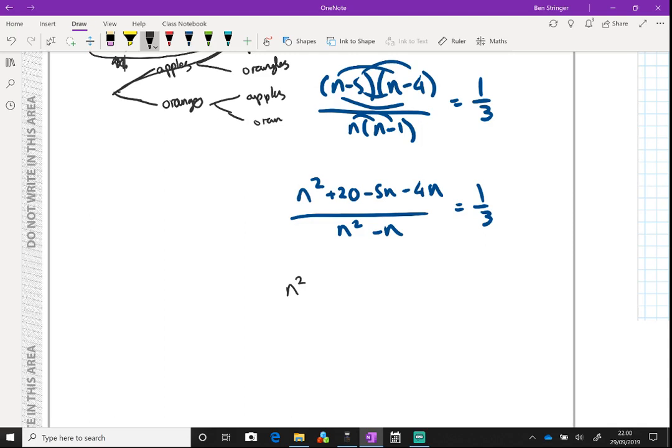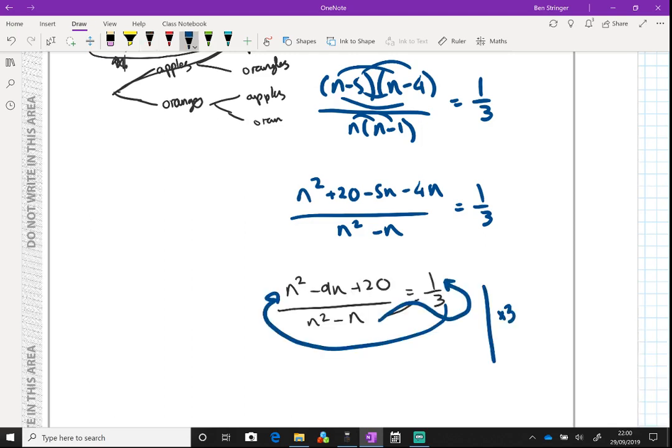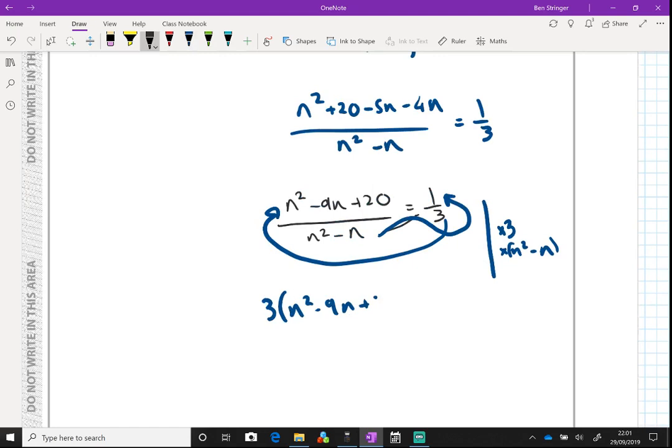Now we can cross multiply because we have two fractions. Effectively times this side by 3, and times this side by n squared minus n. So 3 times n squared minus 9n plus 20 equals n squared minus n, because we're multiplying n squared minus n by 1. 3n squared minus 27n plus 60 equals n squared minus n.